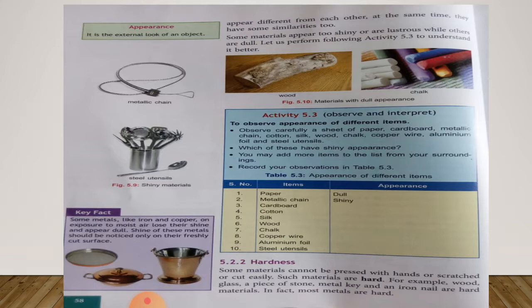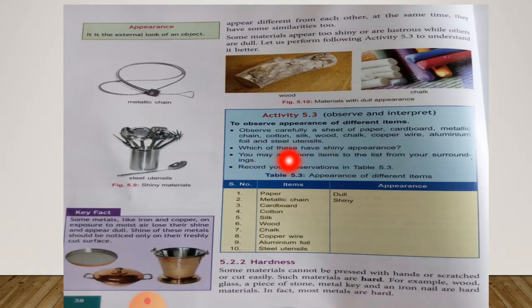So here you can see activity 5.3. To perform this activity, we have an objective to observe the appearance of different items. So to perform this activity, you have procedures step by step. First, you have to observe carefully a sheet of paper, cardboard, metallic chain, cotton, silk, wood, chalk, copper wire, aluminium foil and steel utensils.